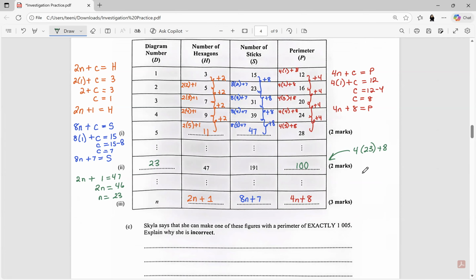Tell me. Is it because we're adding 4? Yes, it has something to do with that. But if you add 4 to 1001, wouldn't you get 1005? Ari?